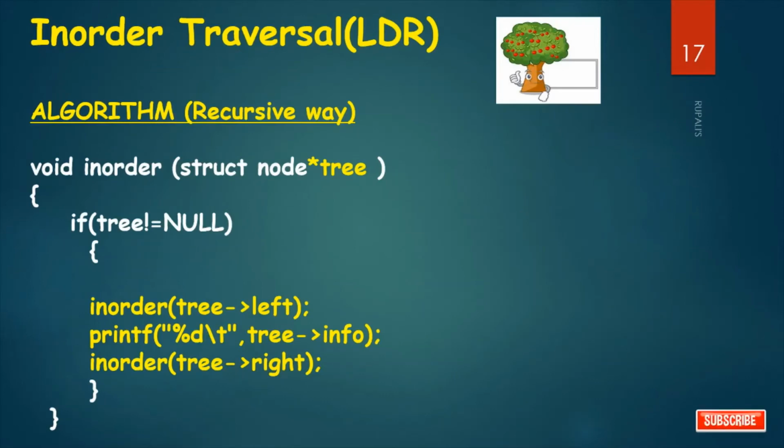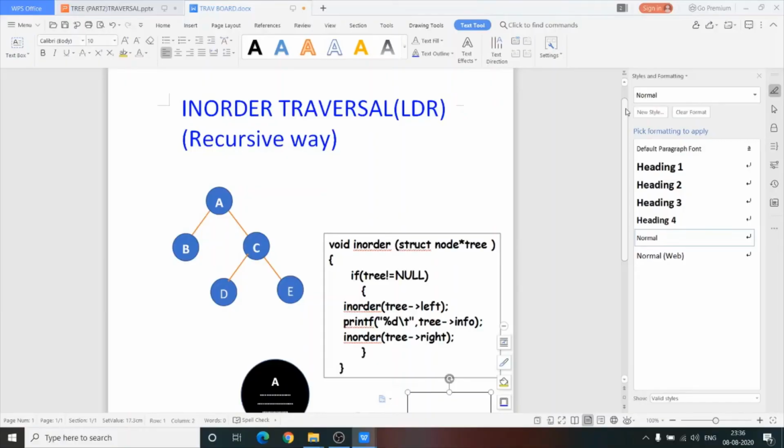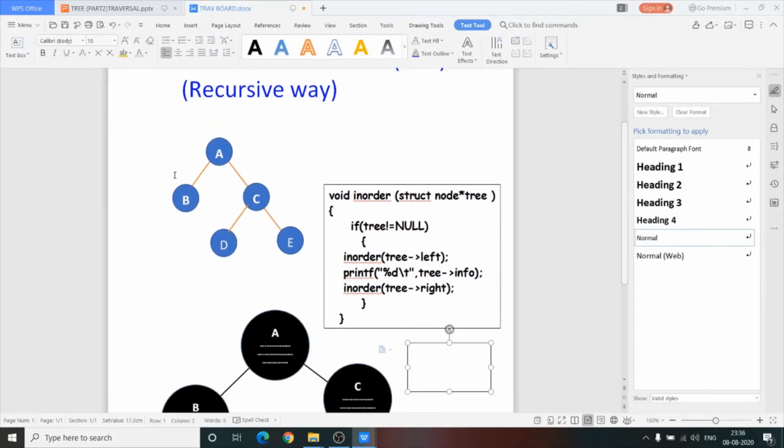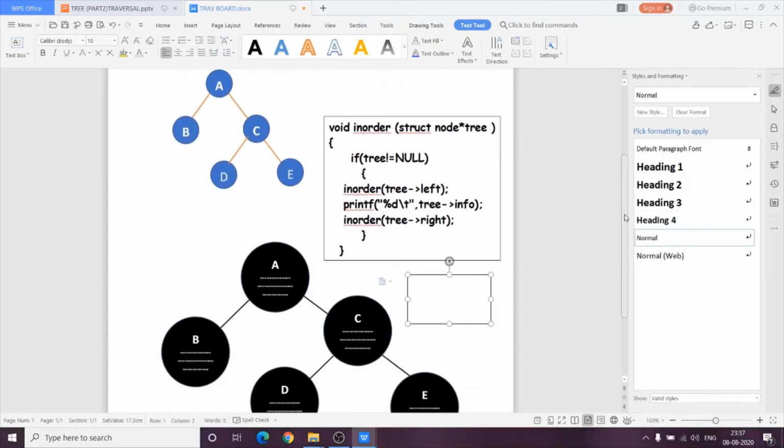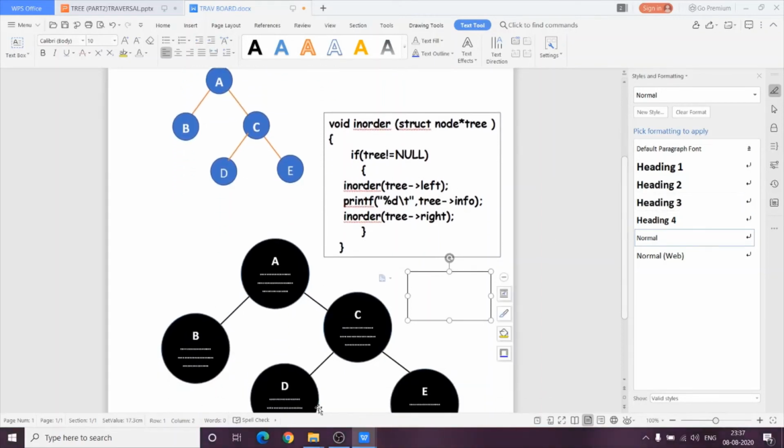The algorithm for in-order traversal, that is LDR. Here we are doing this algorithm by recursion. So see the algorithm. Here I am solving this algorithm by recursion. See, this is our tree, our example, and I just draw this tree again here.